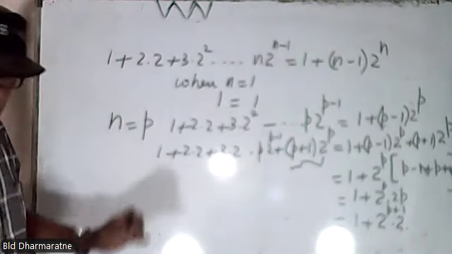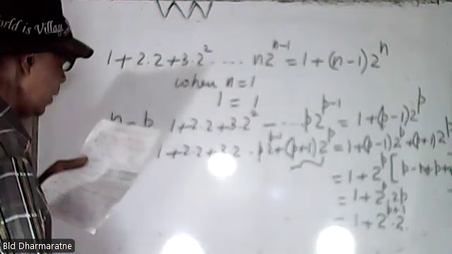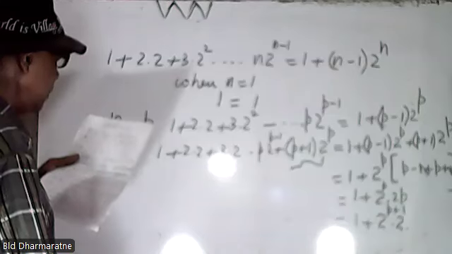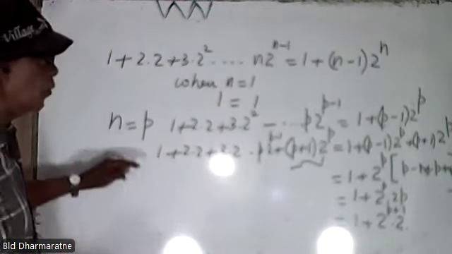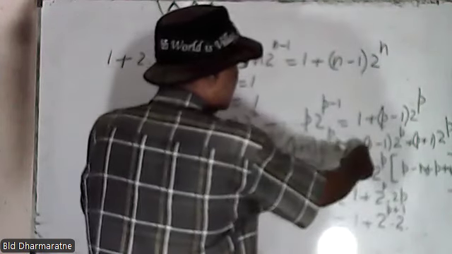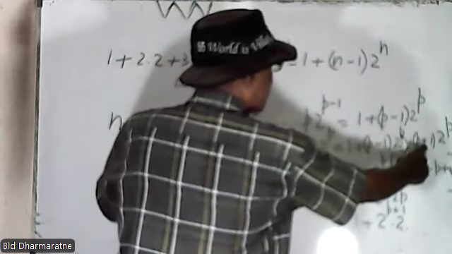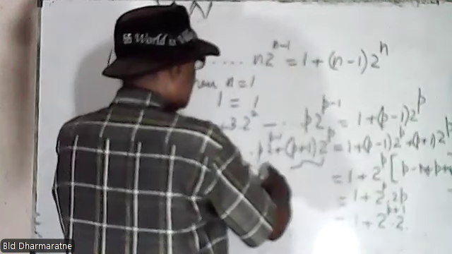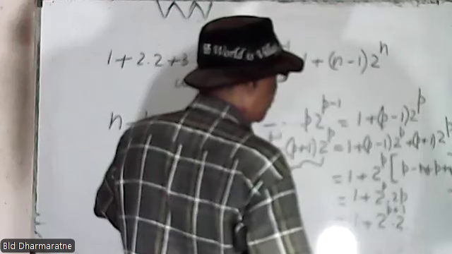Will it be correct or not? 1 plus n minus 1 times 2 to the power n, with n equals p plus 1, gives 1 plus p times 2 to the power p plus 1.